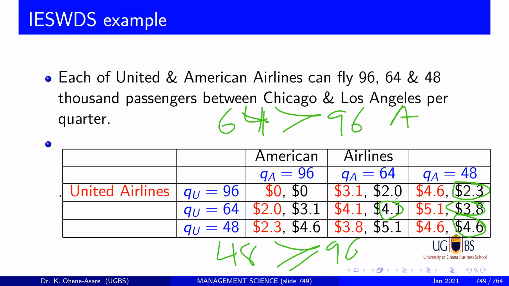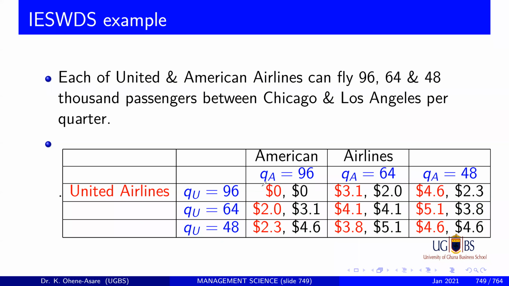Okay. So on the basis of this, those that are dominated, we are going to delete them. Remember, 96 was dominated in all angles. So what you will do is this, and watch me here very carefully. You are now going to take this 96 and cancel it because it's dominated.